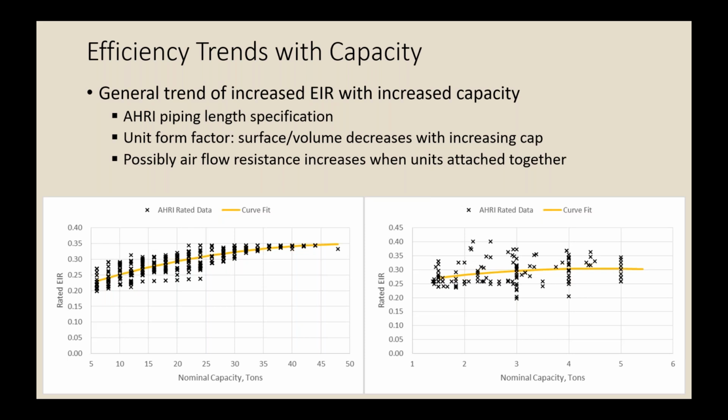If they're positioned side by side, then there's an airflow resistance from the sides that's going to tend to decrease the efficiency. So I think that's probably also a factor that leads to this trend. You see a little bit of that in the small units, but I think those factors are just less intense for the small units. And you don't have that grouping of units side by side, so that's not a factor there at all.